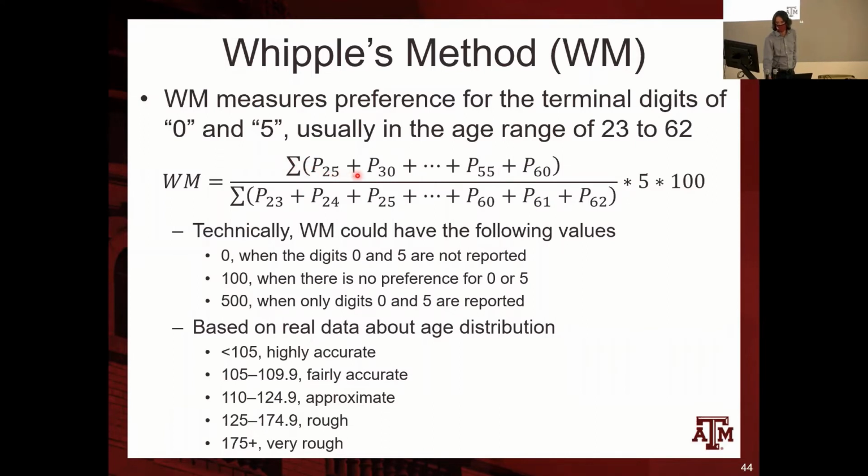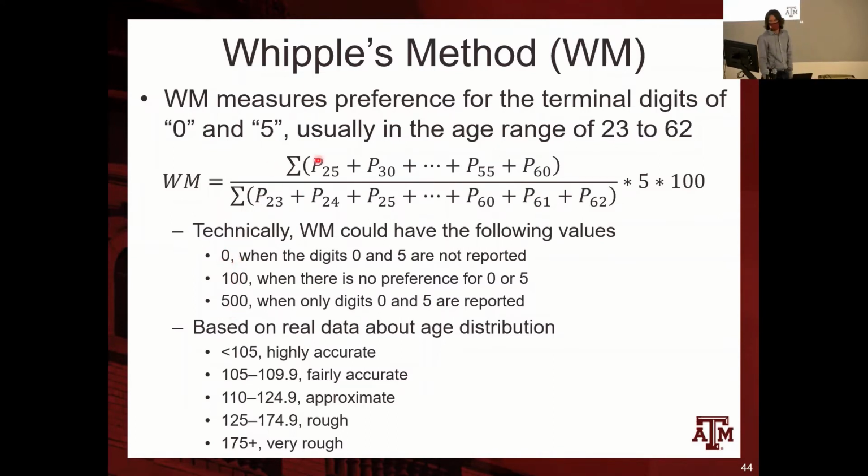So 25, 30, 35, 40, until 60. You multiply that by 5, and then also multiply by 100. So theoretically, what are the values that we could have in a specific population? What's the range of this index of Whipple's method that we could have? It could be any number between 0 and 500.